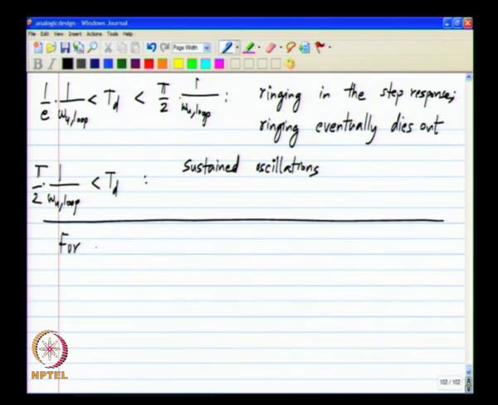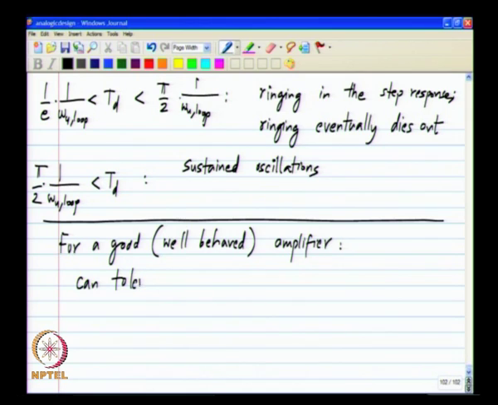And for a good amplifier, that means a well behaved amplifier, you can tolerate a little ringing. It also depends a little on the application that you are looking at. You can tolerate a little ringing.